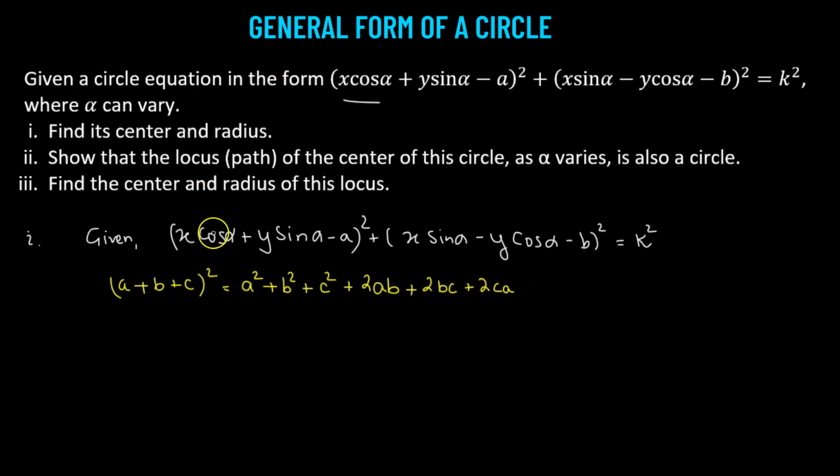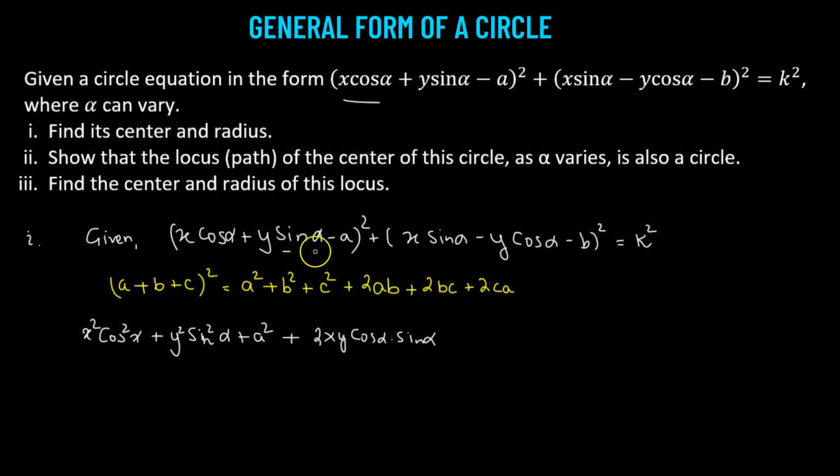So expanding (x cosine alpha plus y sine alpha minus a) whole squared gives us x squared cosine squared alpha plus y squared sine squared alpha plus a squared, plus 2xy cosine alpha sine alpha.